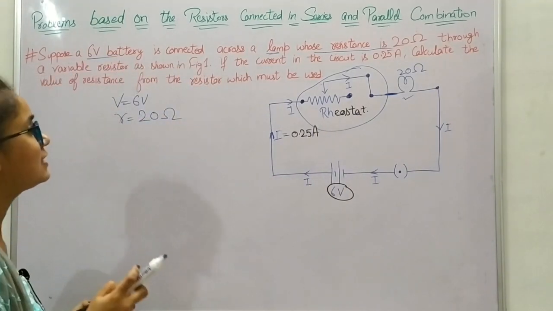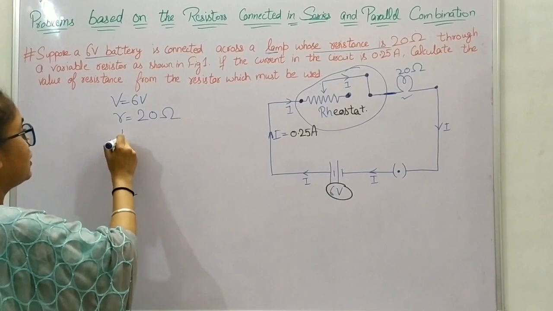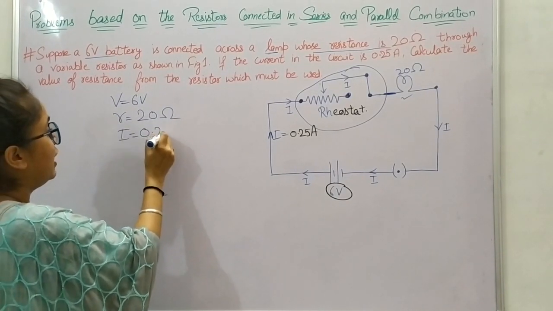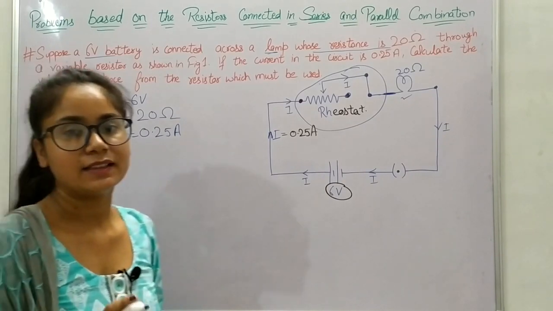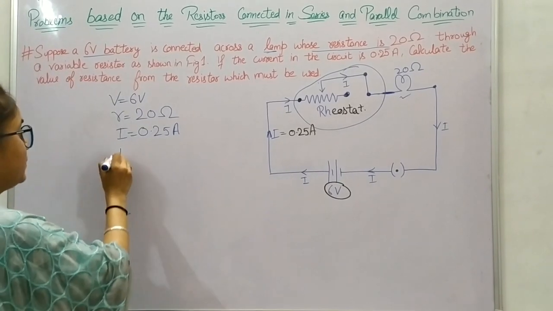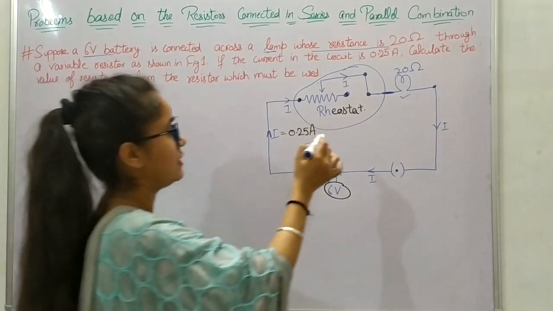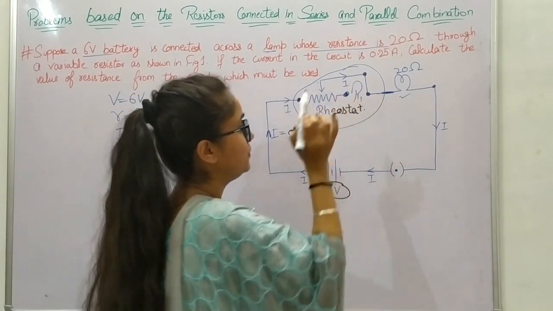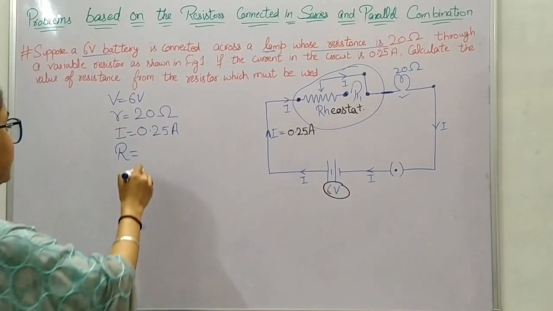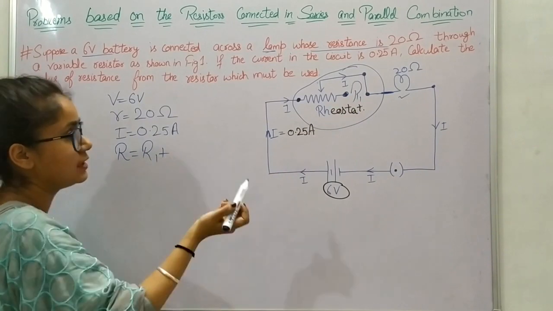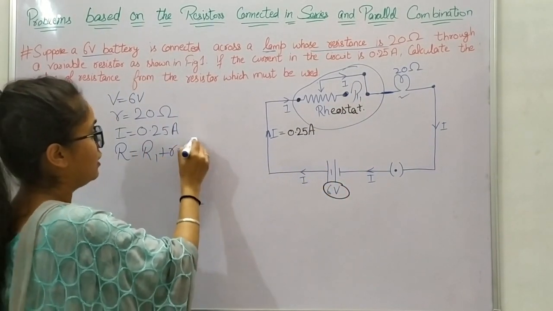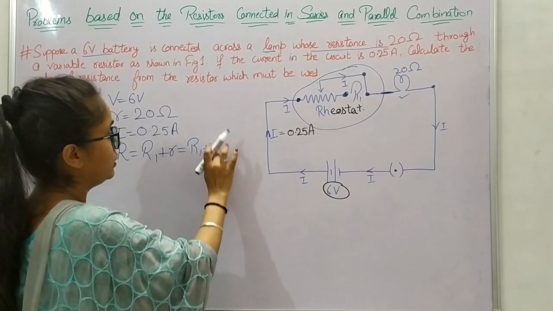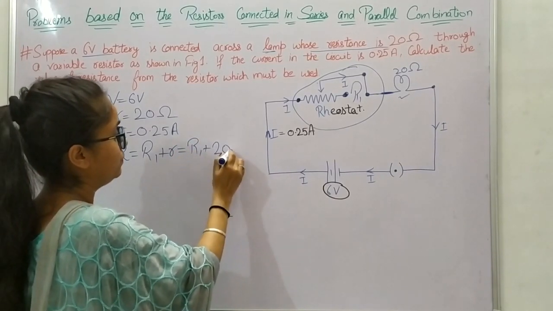Okay, let's solve it. We have the value of current as 0.25 ampere, and let us say the total resistance is R, which is equal to, let us name it R1 here, R1 plus small r, which is equal to R1 plus 20 ohm.